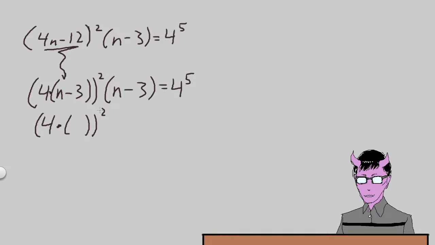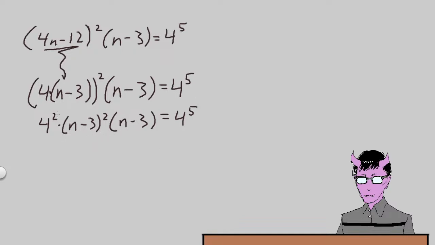This is multiplication, so you can distribute this exponent to each of those two factors, thereby getting 4 to the power of 2 times n minus 3 squared. Since we successfully distributed the exponent, we can drop the parenthetical, and then we have n minus 3 is equal to 4 to the power of 5.